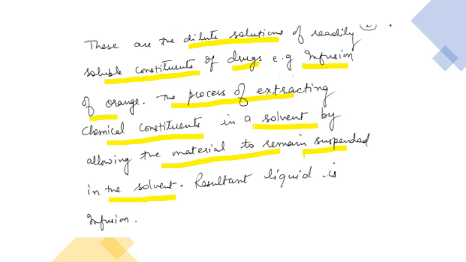We are allowing the sample to remain in the menstruum and providing the temperature for up to 15 minutes. So the resultant liquid is called infusion. It's a simple method of the extraction. If your sample is soft in nature, it can be done very easily, and you have the extract in dilute solution form.